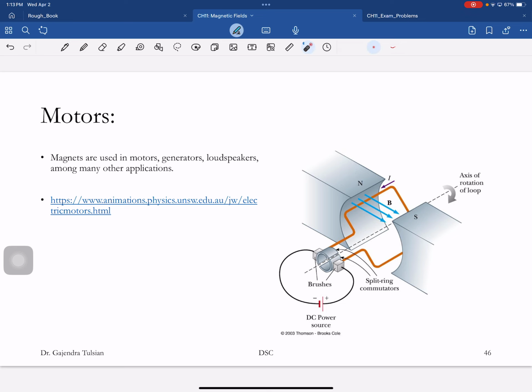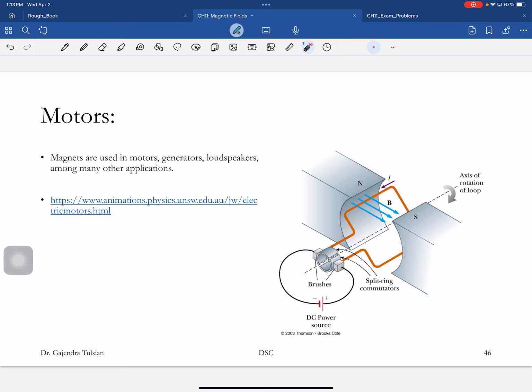Similarly, here's a loop of wire. Remember, that's the magnet, and that turns towards the magnetic field. In this diagram, there's the magnetic field. You pass a current, this loop lines up with that magnetic field, and now you switch the current.